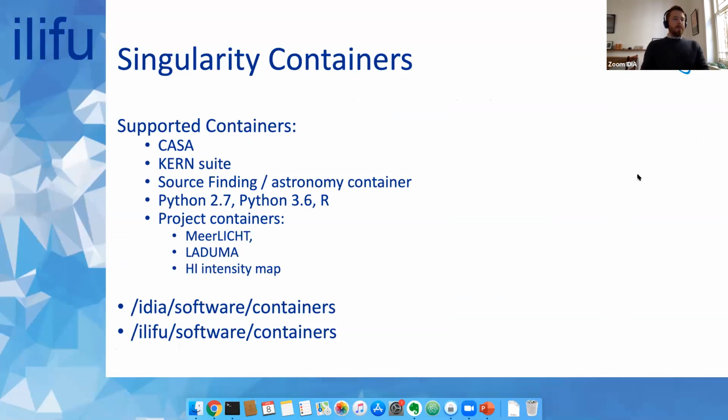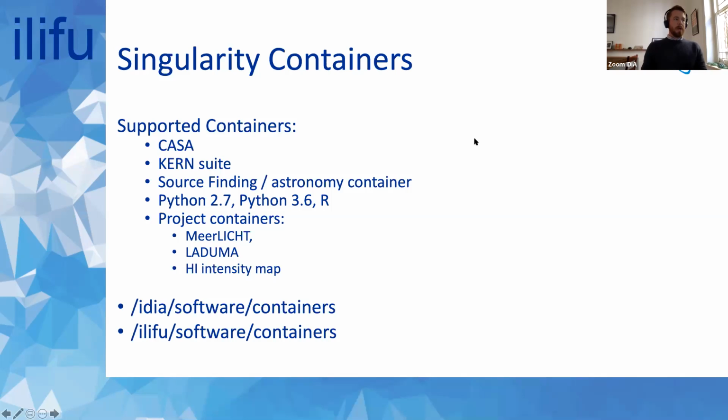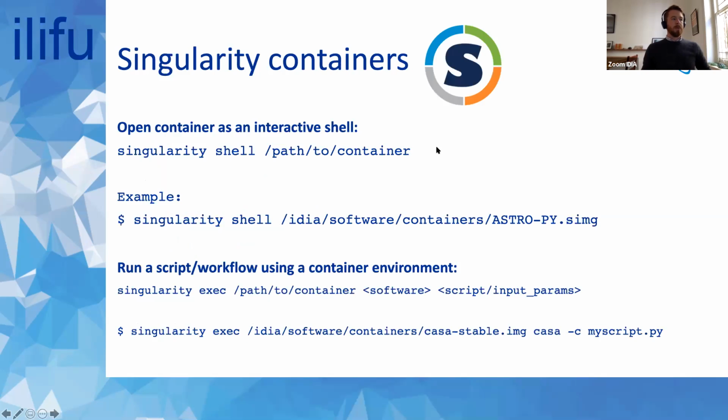So in terms of using the Singularity containers, where you would normally just run software on your operating system, what you do in terms of containers is that you have to invoke the container to use the software. There are a number of ways to do this, but the primary two useful ways is to open the container environment as a shell environment using the shell command.